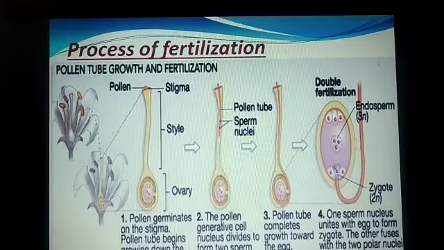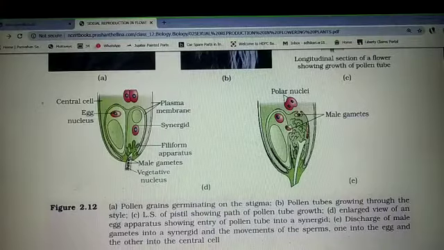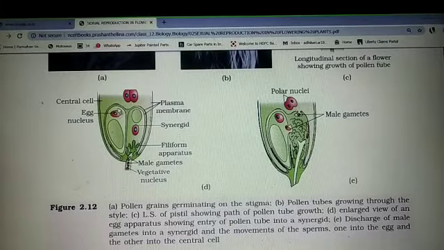Actually student, what happens when the pollen tube enters the stigma? The pollen tube penetrates the synergids through the filiform apparatus, which is present at the micropylar end. Here you see that towards the micropylar end, the egg apparatus is present, in which two synergids and one egg cell are present.